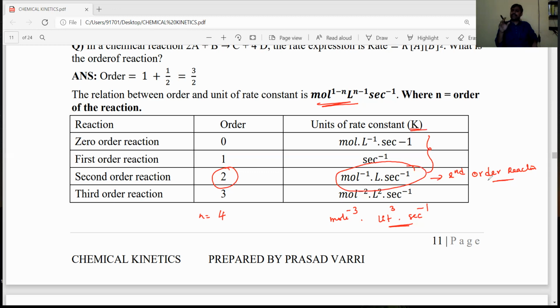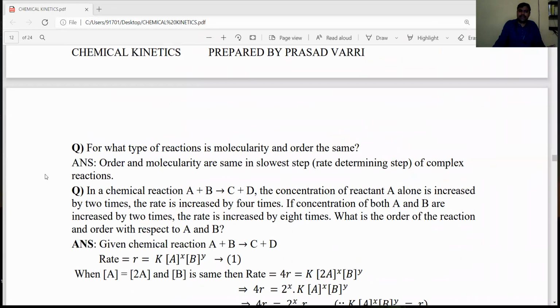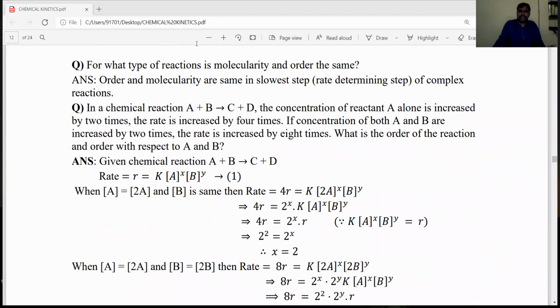We have to remember this and identify what kind of reaction is given. It is very important for board and objective exams. NEET and JEE have also asked questions directly from this tabular form of units relations for many years. Okay, very important.